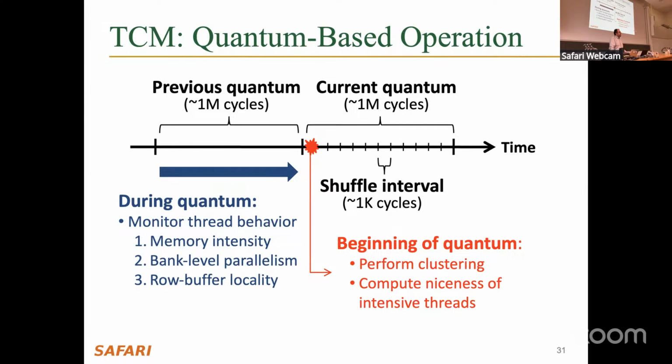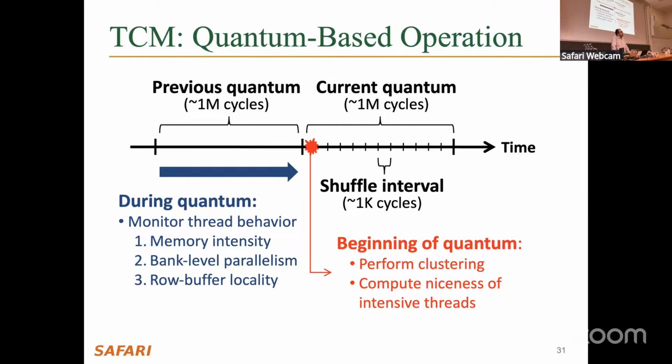What if you have a large number of threads in the non-intensive cluster, and because of that a single thread in the intensive cluster remains starved for very long, which again we would not expect? So basically, you're saying that we put a thread in a non-intensive cluster, but that thread happens to be intensive in that quantum that we are looking at.